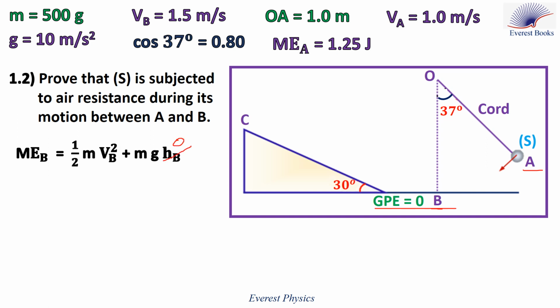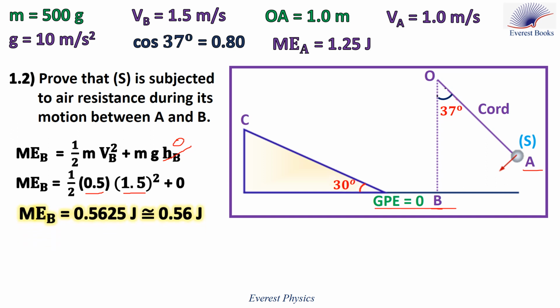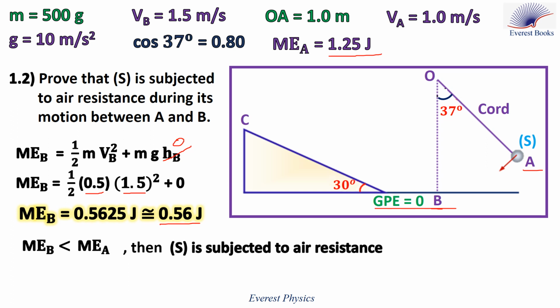Therefore, the mechanical energy at B equals 1/2 m vb squared. Replace m by 0.5, vb by 1.5. Therefore, the mechanical energy at B approximately equals 0.56 joules. Since the mechanical energy at B is less than that at A, S is subjected to air resistance between A and B.